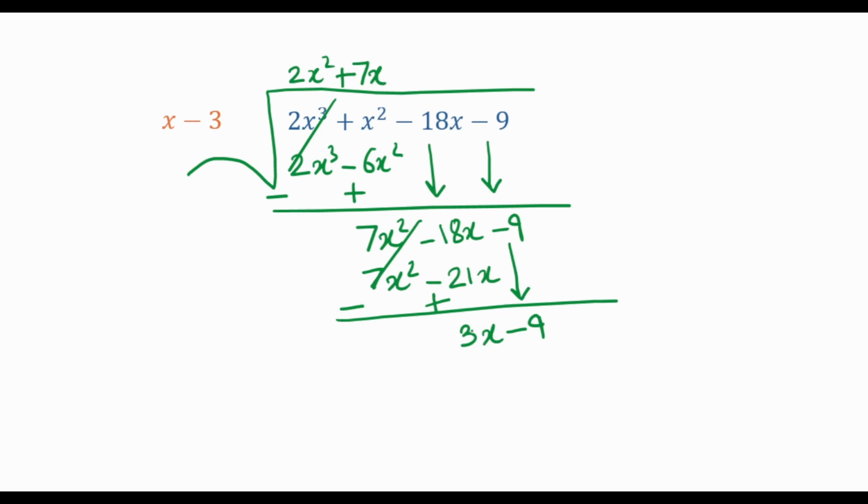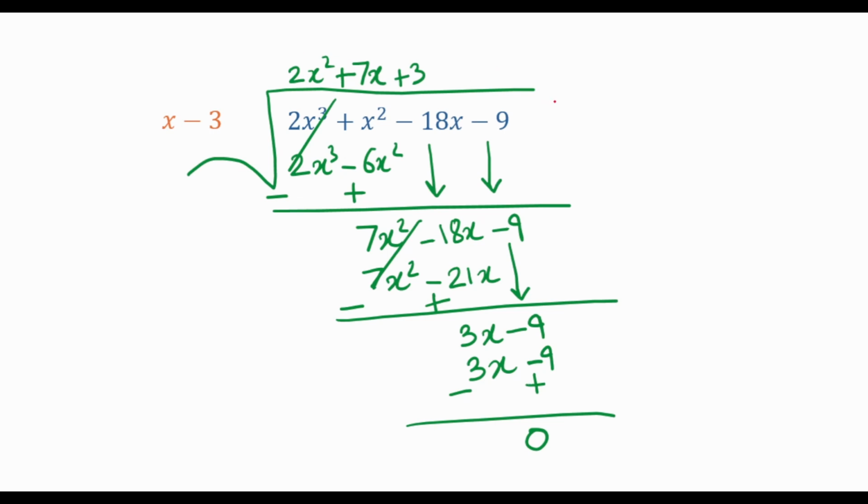And lastly, in order to get 3x, I will multiply x with 3. So this will give me 3x, and 3 times minus 3 would be minus 9. So when I subtract this, indeed I get a remainder of 0.